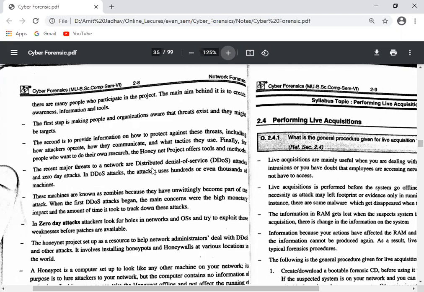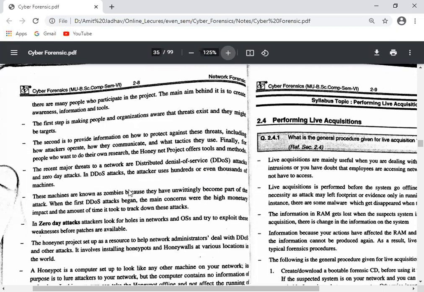Whenever a DDoS attack occurs in any organization, it's a very difficult phase for them to handle such incidents. And one more is zero-day attacks. In a DDoS attack, the attacker uses hundreds or even thousands of machines.